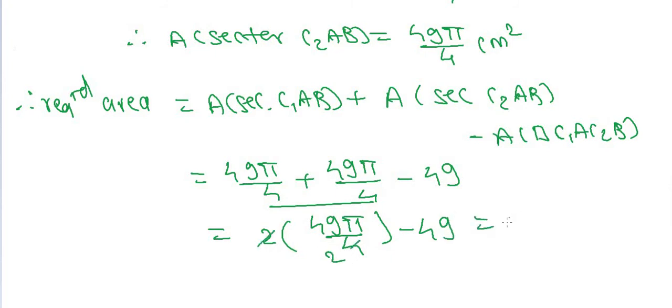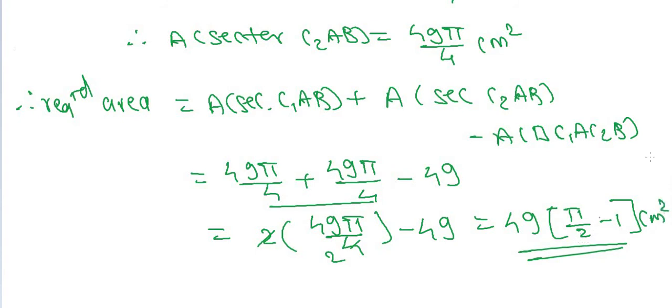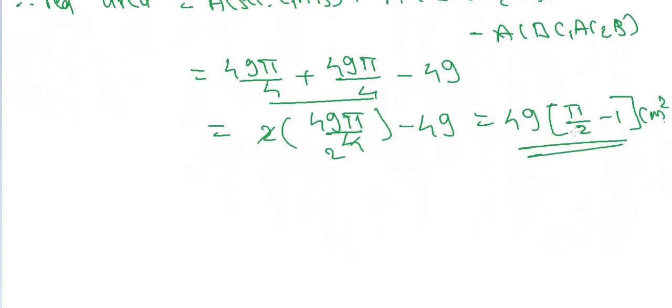We can have 49 common outside the bracket, so we get 49 outside the bracket into pi by 2 minus 1 square centimeter, of course, centimeter square. You can keep it as it is or simplify it further by taking LCM inside the bracket.